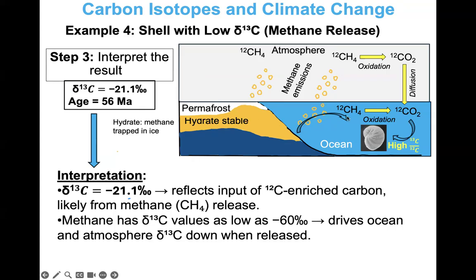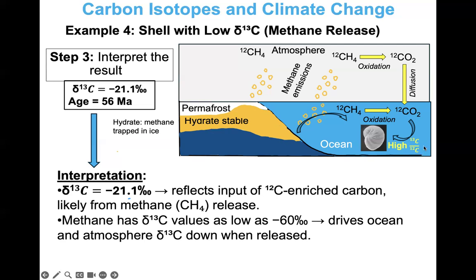This methane, which has C12, rich in C12, would be changed into CO2 by oxidation. You don't need to know this in depth, but the bottom line is that this water is rich in C12, and that C12 will be incorporated into the shell. And that shell will end up having higher C13 over C12. Why?